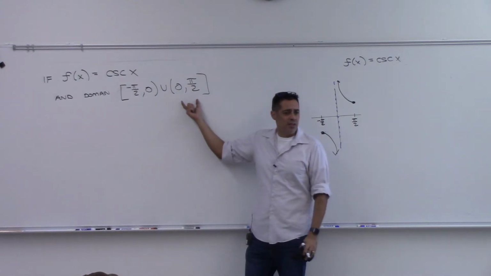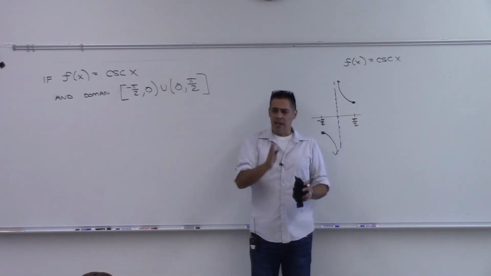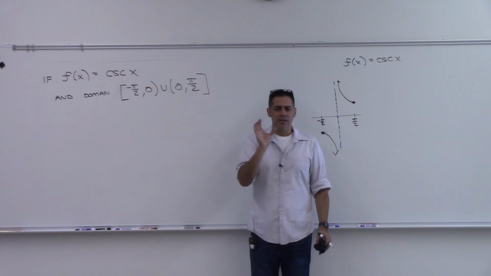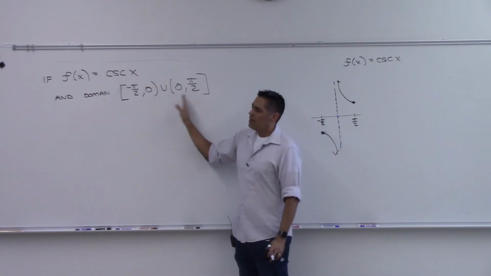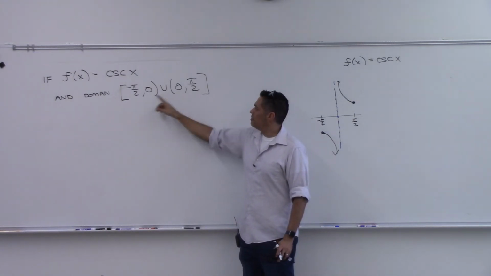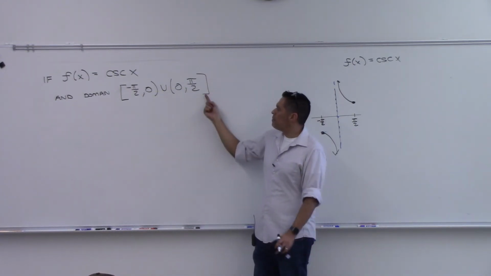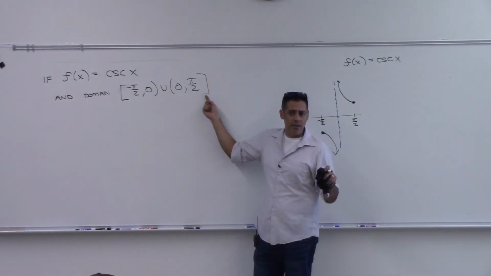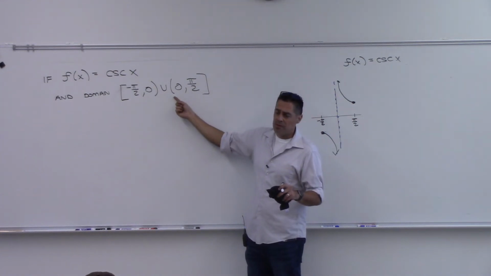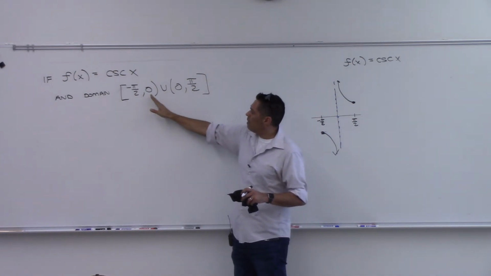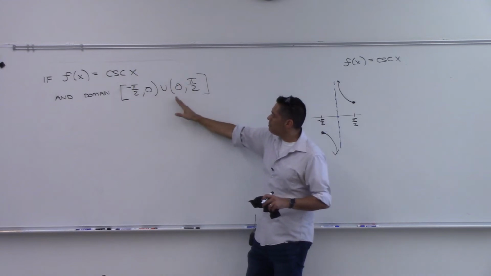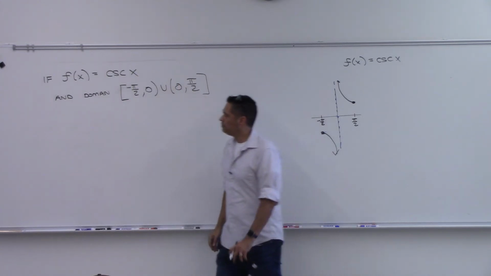That's a different notation than I've been using. I've usually just put x's between here and here. But because I have two intervals, I'm going to have this split up interval notation. Remember, the brackets mean include the endpoint. The parenthesis means don't include the endpoint. So everything from negative pi over 2 all the way up to 0, don't include 0, and then everything from 0 to the right to pi over 2.